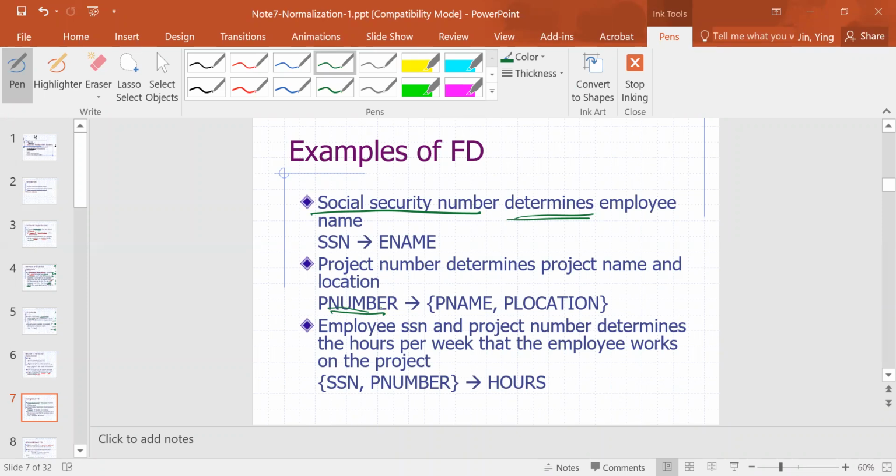So if we know a project number, we are guaranteed to identify one and only one project name and only one location. This gives you an example that the right-hand side can be more than one attribute. When we have the same project number, we have the same project name and the same project location.